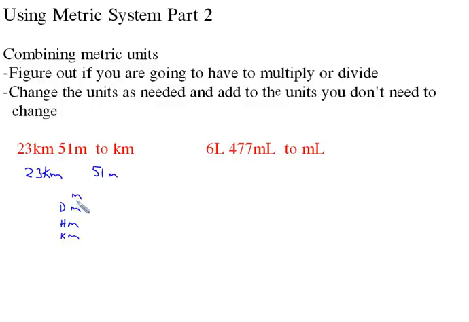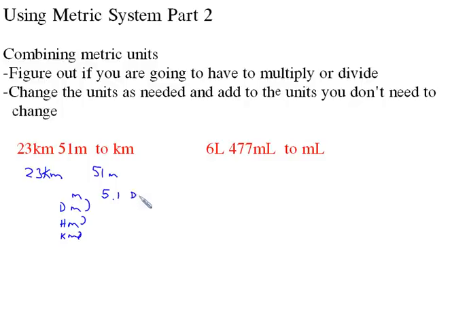So up here, I start off with 51 meters, so I've got to change that to kilometers. So what I'm going to do, I'm going to divide by 10, 10, and 10, because if I have 51 meters, then I have a lot fewer kilometers than 51.